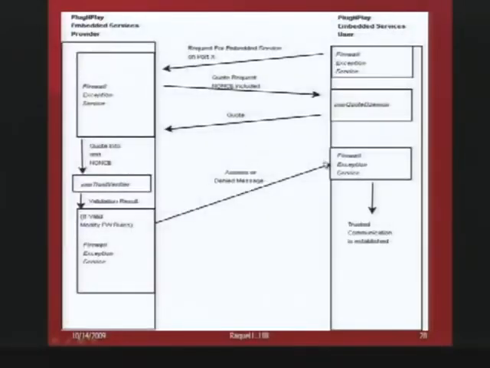So once it verifies that quote, then what you get is an access granted or access denied message that goes back. And if access is granted because the quote was verified, your trusted communication can be established at that point. And we're using OpenSSL to establish that. And so that's really how the service works.